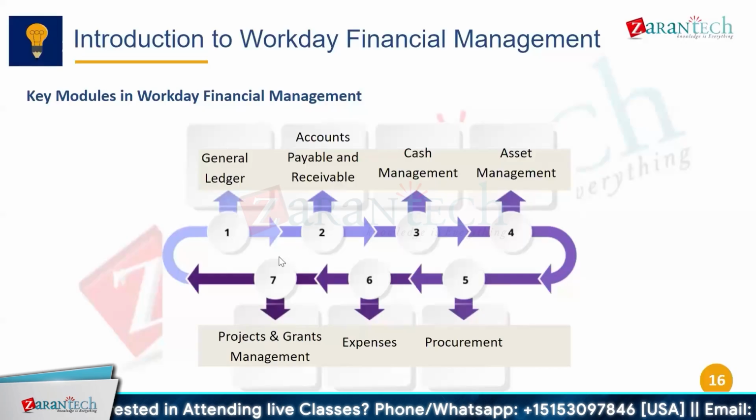But we will cover general ledger, accounts payable, receivables, cash management, procurement, and expenses, because assets and projects and grants management are different modules which require a separate 30 to 40 hours of training. In this training, we will cover our main core areas, that is 2, 5 and 6. So we will cover these in this Workday Financial module.